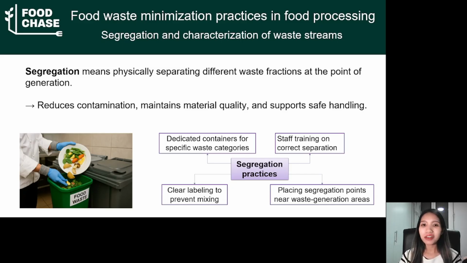Segregation practices include using dedicated containers with clear labeling for specific waste categories in order to prevent the mixing of food waste. Staff training on correct separation is also important, and placing segregation points near waste generation areas can encourage the separation of waste.